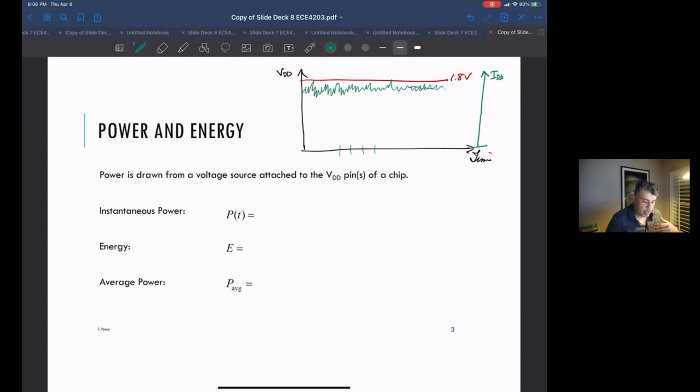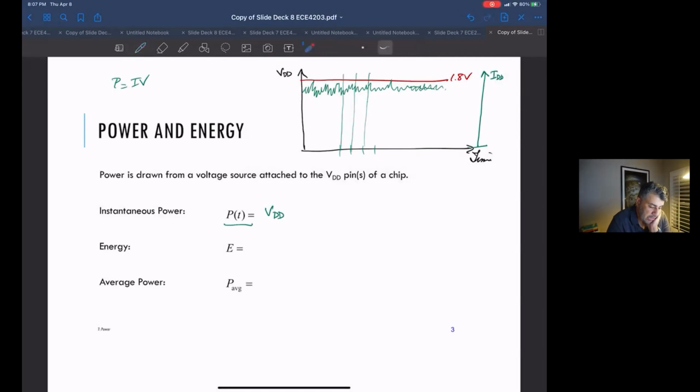Okay, so if I look at this instantaneous power, I can define an instantaneous power at any point here, and it'll be slightly different. This power definition is current times voltage. For the sake of discussion, we're saying the voltage stays the same, VDD.